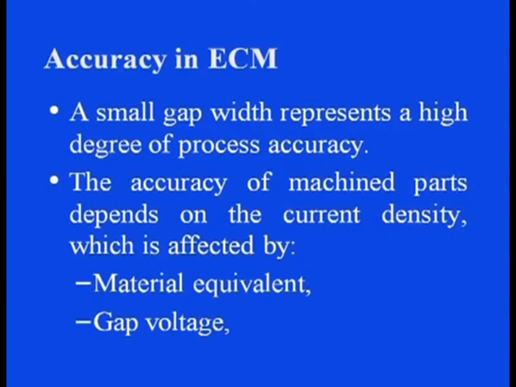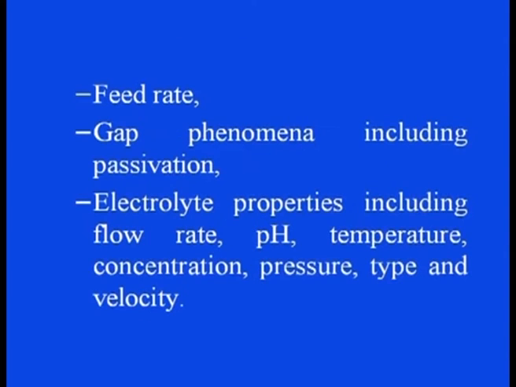The accuracy of machined parts depends on the current density, which is again affected by material equivalent, gap voltage, feed rate, gap phenomena including the passivation, electrolyte properties including flow rate, pH, temperature, concentration, pressure, type and velocity, etc. For high process accuracy, conditions leading to a narrow machining gap are recommended.